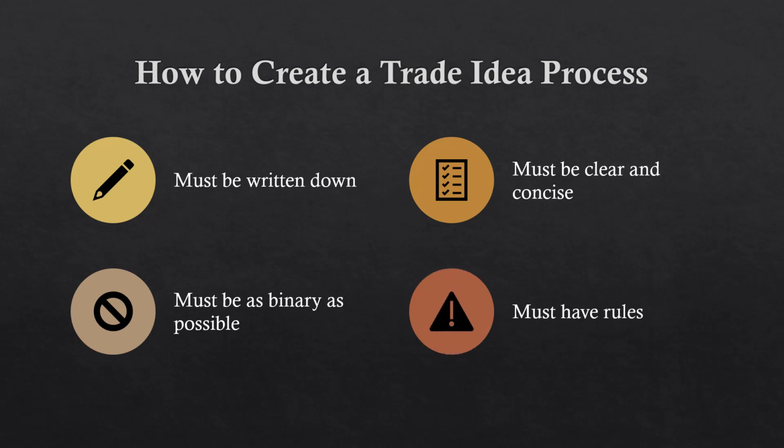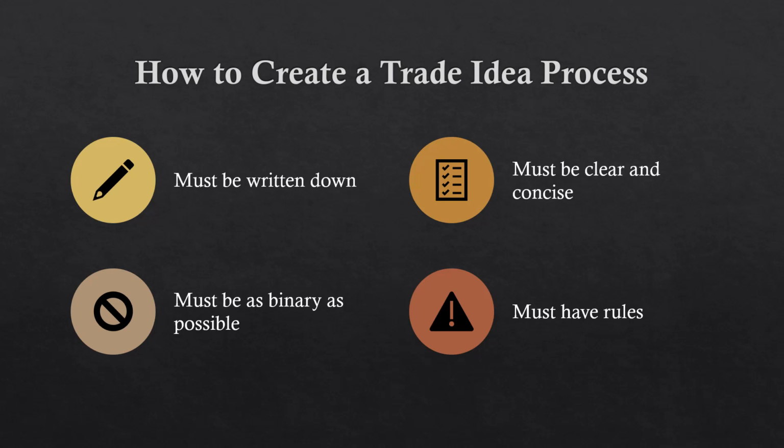It must have rules. So you should have rules in your trading that adapt to your personality style, adapt to your trades, adapt to the market. And with rules, they're meant to be broken. But there should be some rules that you never break. So it's kind of arbitrary.